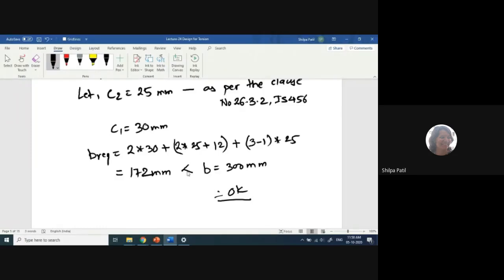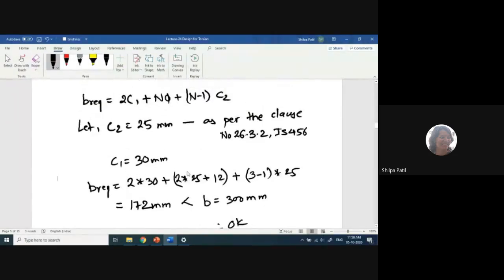So C1 and C2 values we can adjust according to our width value. If we consider 300 mm, the provided value, instead of B required in this equation, I can easily find out the C2 value and compare it with the required one as per this clause. The same thing we did in the earlier problems, right? Because there we can adjust B required. Here we cannot change the provided value.